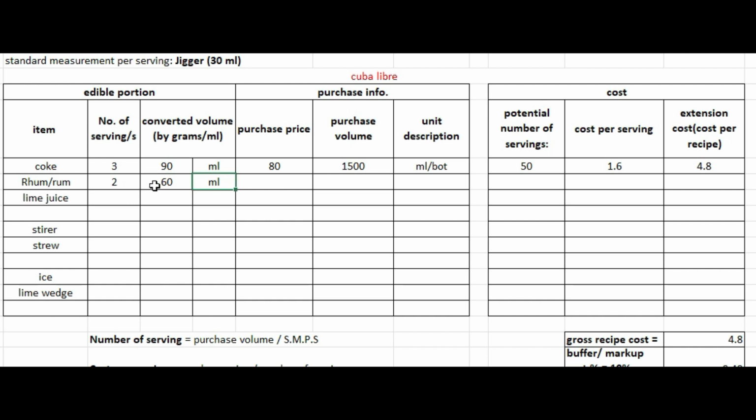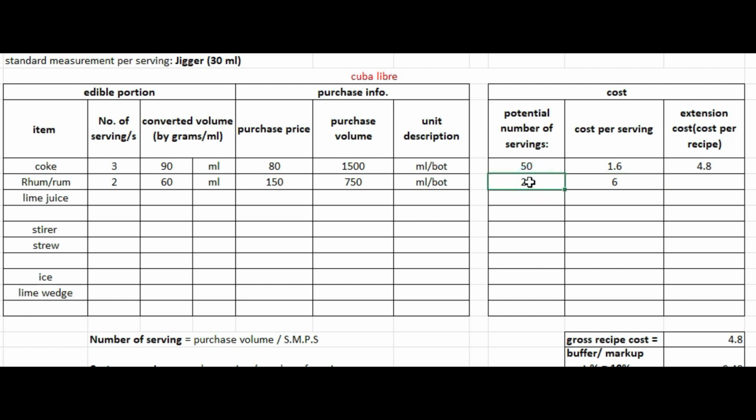And then next, for our rum, in this case our recipe needs 2 jigger or 60 ml of rum, with 750 ml per bottle and the highest possible price of 150. Therefore, for our potential number of servings, after dividing the 750 ml by 30 ml, the total is 25 servings.